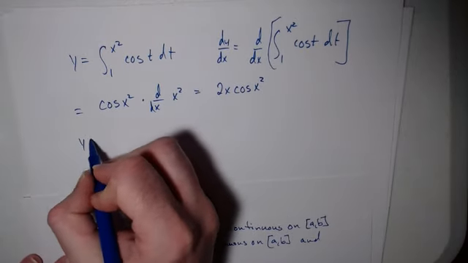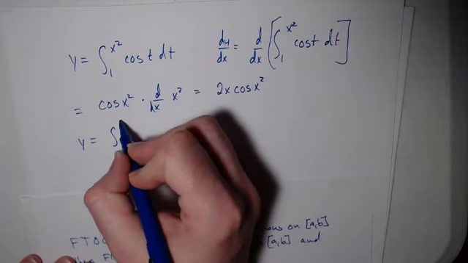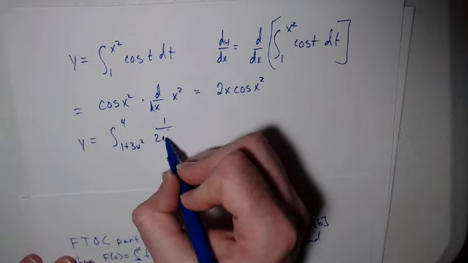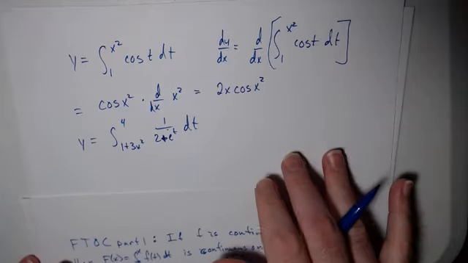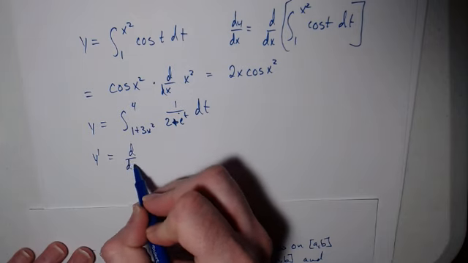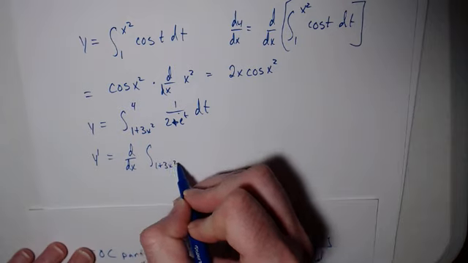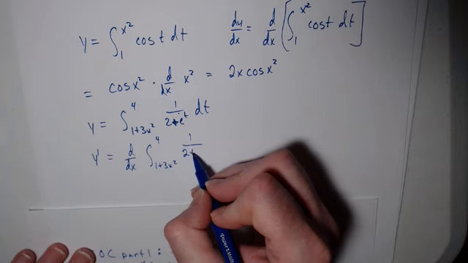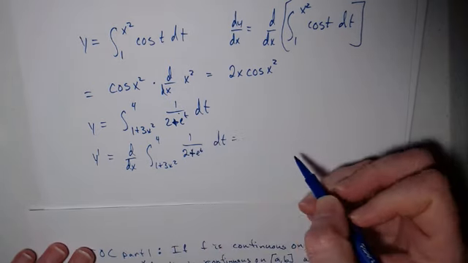Got one more from that set. y is the integral from 1 plus 3x squared up to 4 of 1 over 2 plus e to the t dt. So y prime is equal to the derivative with respect to x of this guy, the integral from 1 plus 3x squared up to 4 of 1 over 2 plus e to the t dt.